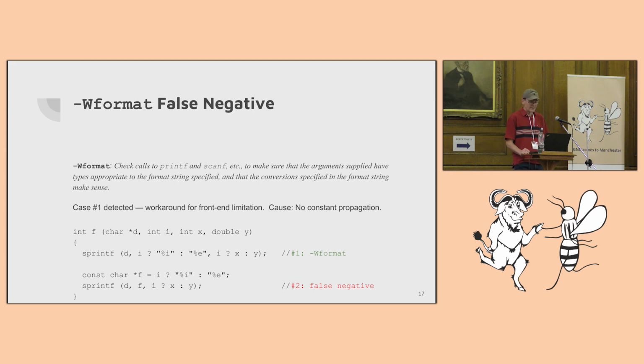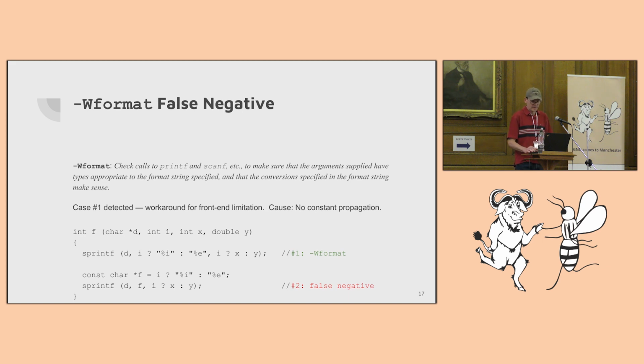It doesn't detect the same problem in the second case that involves a separate declaration of the format string and a separate call to sprintf using that format string. So we end up with a false negative for the same problem that is successfully detected in the first case.